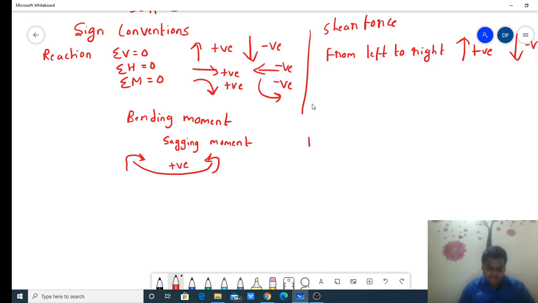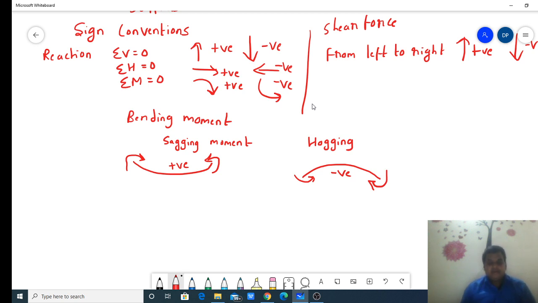And similarly, if I have a hogging moment, it should be like this. If the moments are pushing it like this, then it will be considered negative, right? These are nothing but my sign conventions. This sign convention will be followed throughout this subject, structural analysis 2, whenever I am dealing with it.